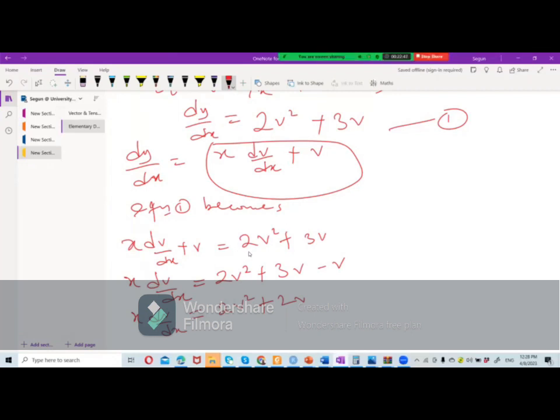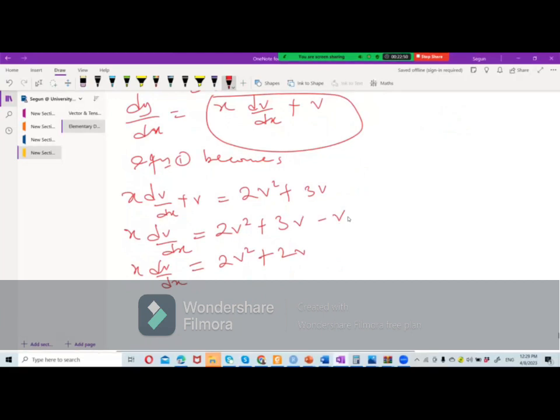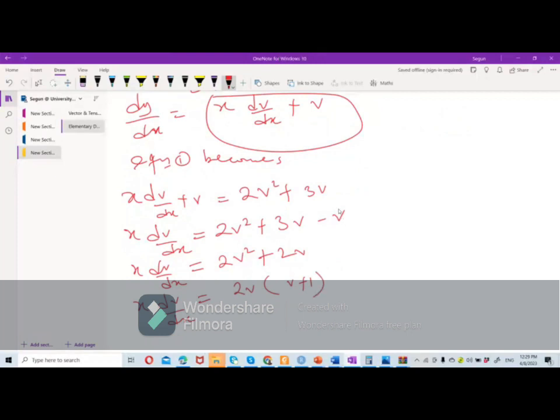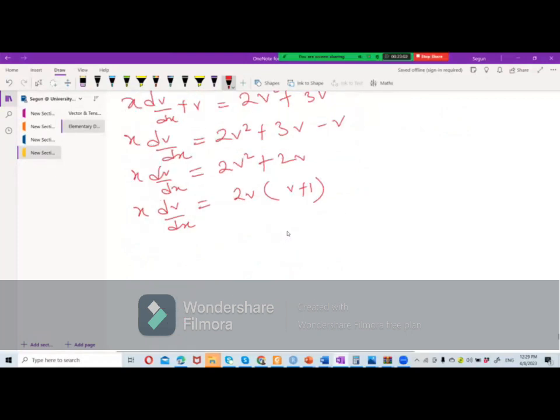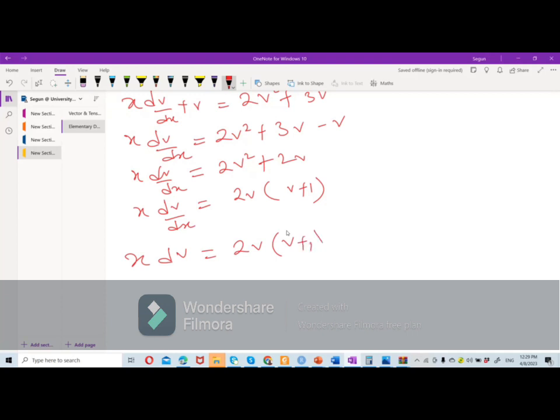At the end of the day, we can now use our variable separable. Here, something is common: x dv/dx equals 2v is common, I have v plus 1. So if I have the v plus 1, I can now do the separable variable, multiply both sides by x, and by v in bracket v plus 1. So we can say that x dv equals 2v into v plus 1 dx.